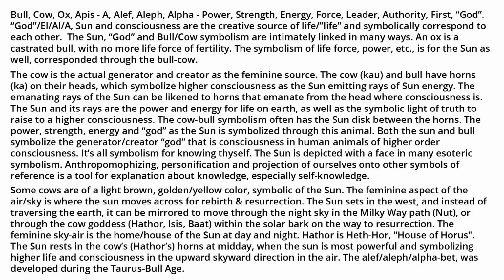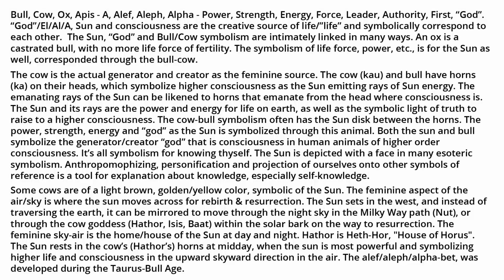So not only are we talking about the sun and the higher consciousness and the rays of the sun emitting higher consciousness and the horns going up towards the sun for higher consciousness, a lot of the symbolism has the cow and the bull, as well as anthropomorphized, personified, and projected gods with horn symbolism on their head, or ka symbolism of the two arms, horn on their head, and in between the horns is the sun disk, between the horns of the anthropomorphized god or goddess, or the animal itself as the bull or cow horn itself, having the sun disk between it.